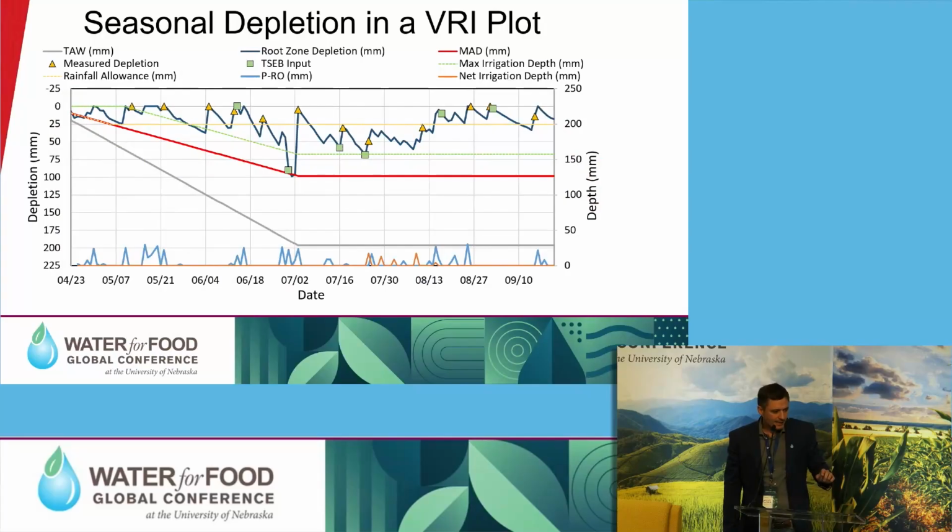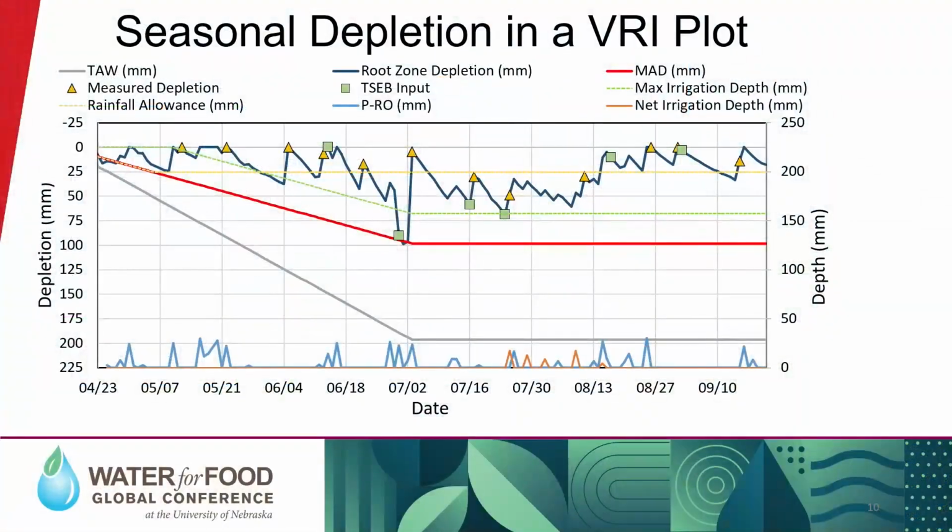This is a plot of the soil water balance. I select a plot, and this is a graph from a single plot. The dark blue line means the soil water depletion. The yellow triangle means the measured depletion.